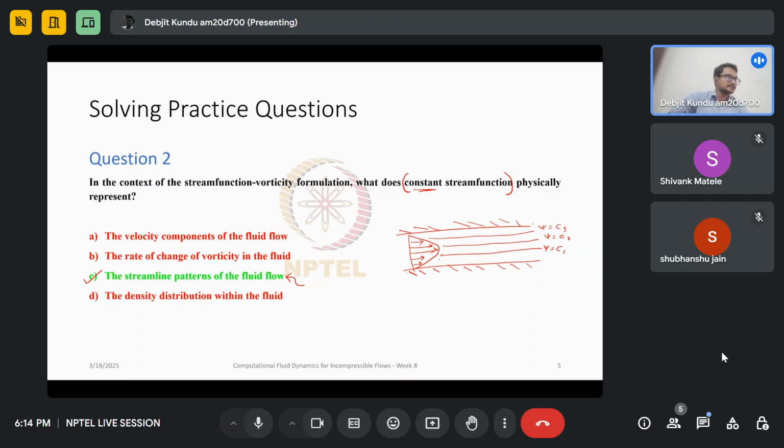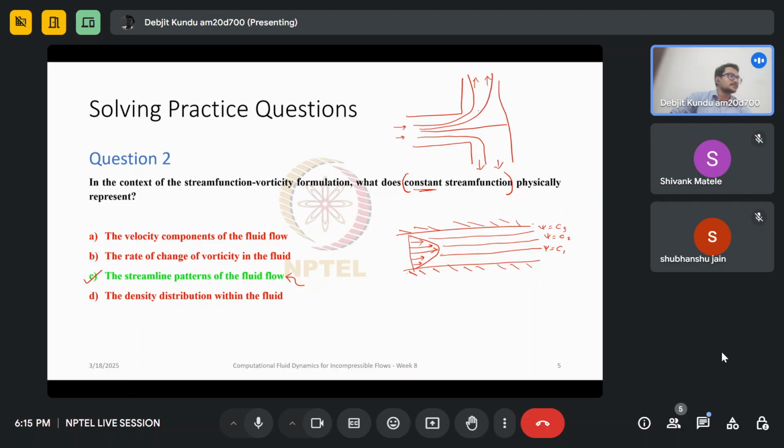Now this is a very simple case. There could be more complicated cases. Let's say I have a T junction like this, with flow coming in through this end and going out through these two. In that case, my stream functions would be a bit more complicated. There will be a stagnation point here.